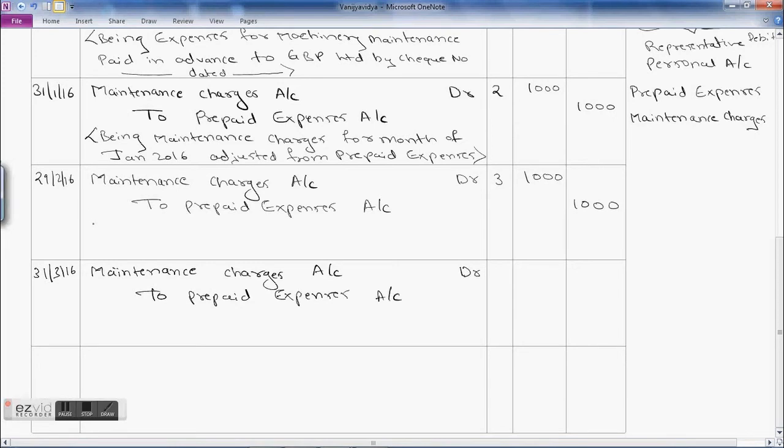Now this narration will continue here also, but just charges for the month of Jan you have written. Here you have to write it as Feb, here you have to write it as March, okay?